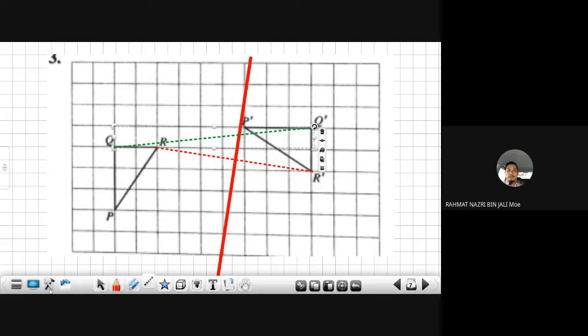Okay, and then take your compass. Open your compass until more than half. Okay, open it more than half and then draw the arc.